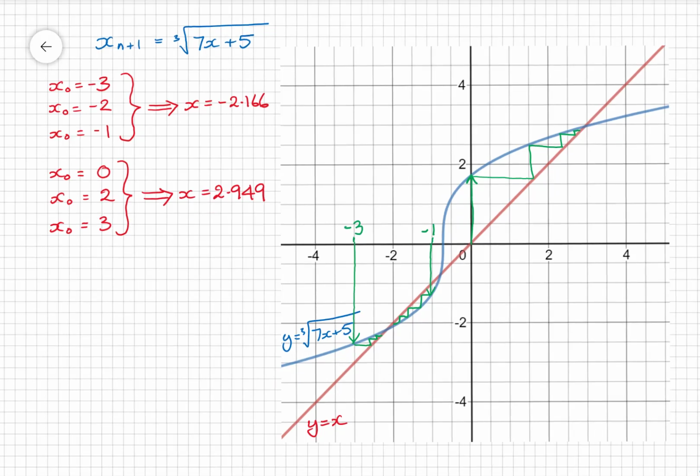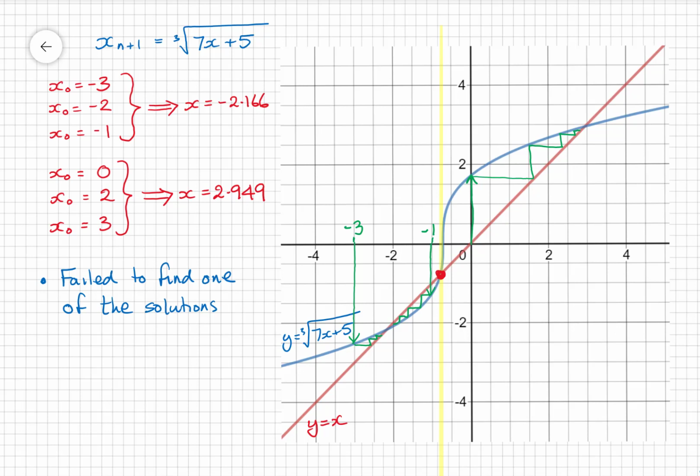Although this arrangement did find two solutions, it did miss the middle solution, the one that we found before, -0.783. But we can learn something from that, because any starting value that is larger than that missed solution will converge on the upper solution, 2.949, and a starting value that is lower than the missed solution will converge this time on -2.166.